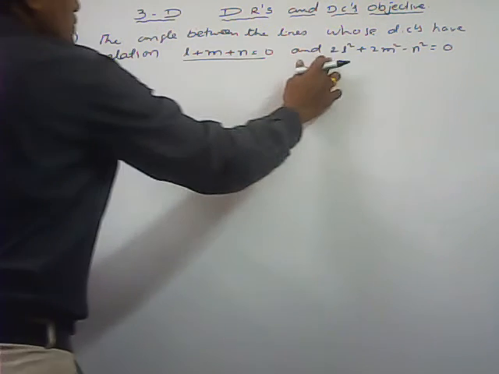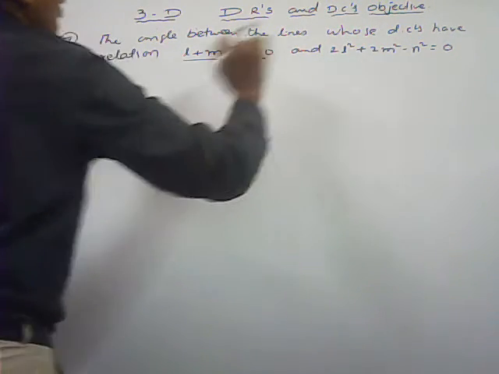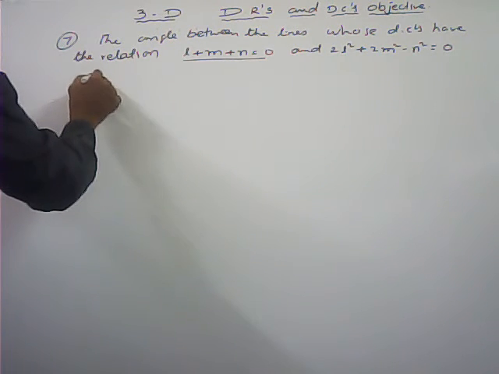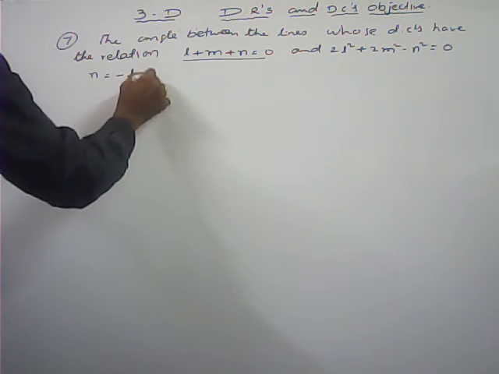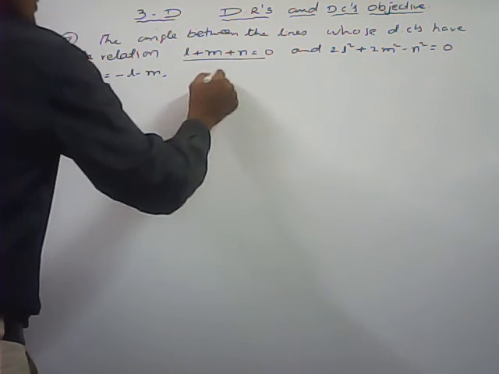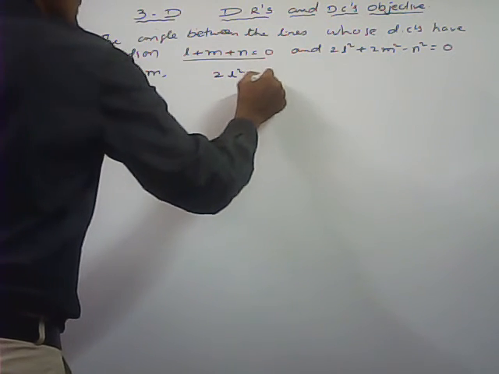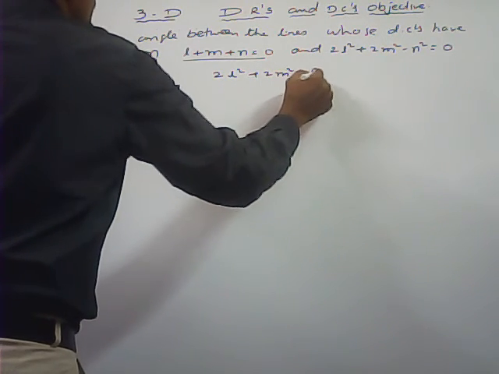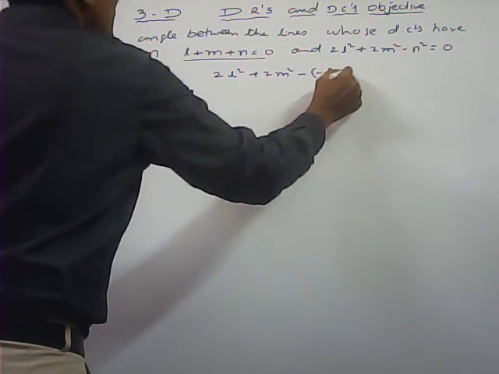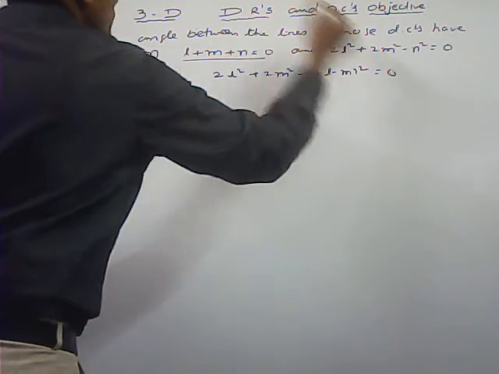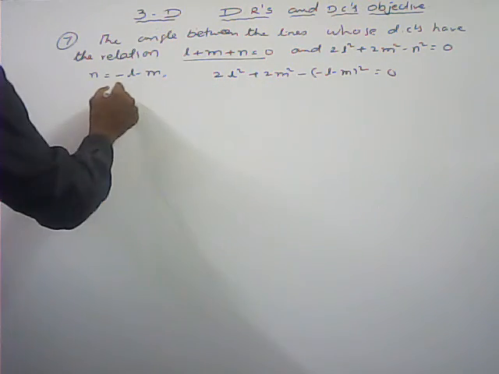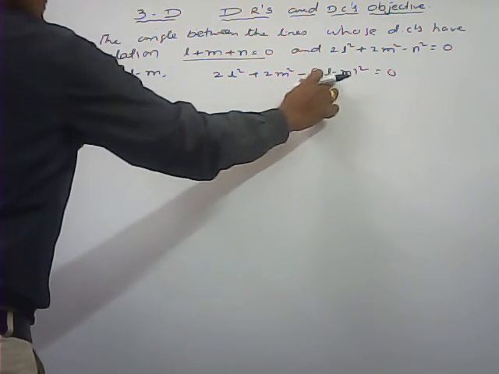So here, in 2L square plus 2M square minus N square, I am going to eliminate N only. Here I am making N the subject: N is equal to minus L minus M. So 2L square plus 2M square minus of minus L minus M whole square is equal to 0. If I expand that, this is (A plus B) whole square only.